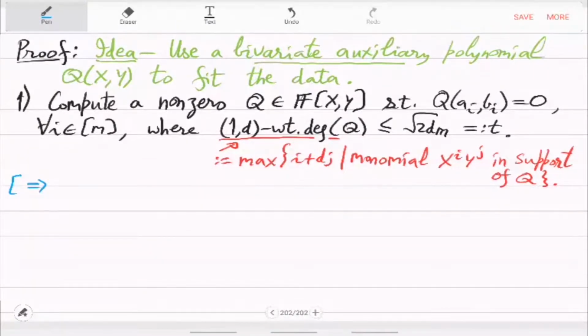So the number of monomials that Q can have. This is how much. So you want i plus dj maximum to be t, right, which means that j can be at most t by d.